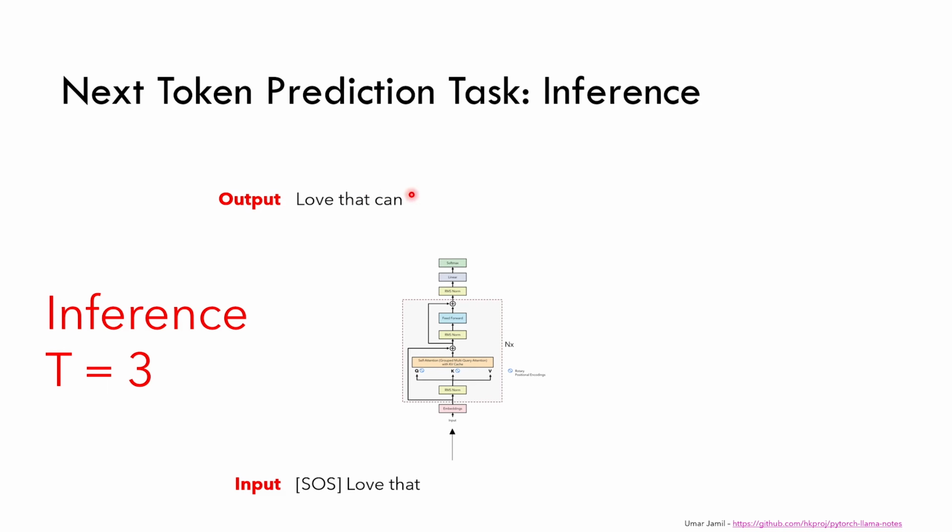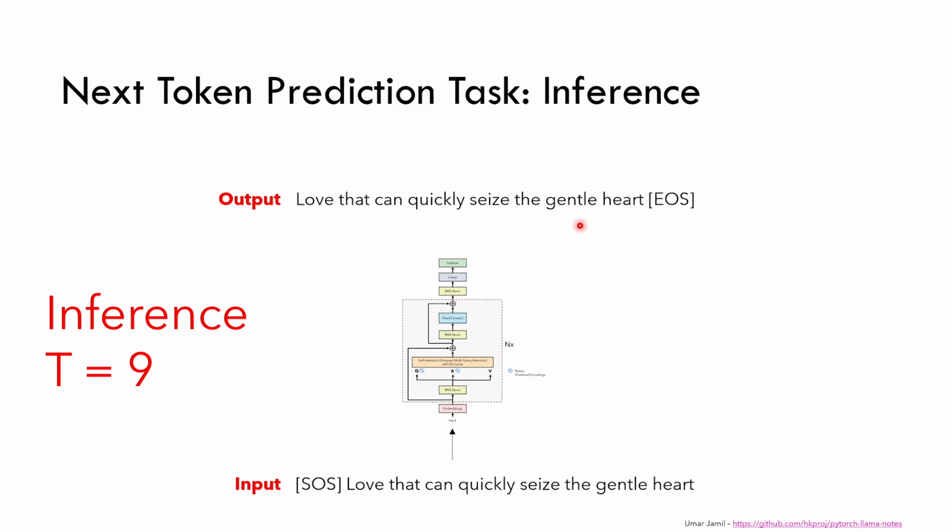And then we again take the next token, so "can", we append it to the input, and we feed it again to the model, and the model will output the next token, "quickly". And we do it for all the steps that are necessary until we reach the end of sentence token. That's when we know that the model has finished outputting its output. Now, this is not how LLaMA was trained actually, but this is a good example to show you how the next token prediction task works.